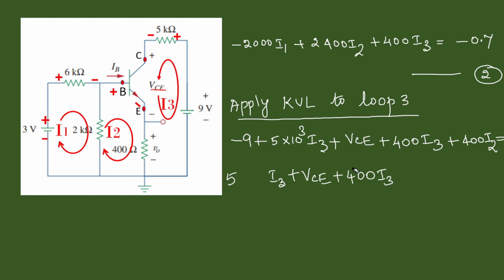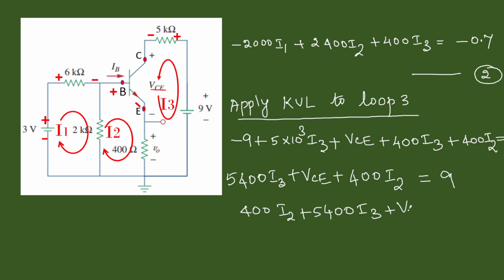So I'll make it a single term, 5400 I3 plus VCE plus 400 I2 is also available, that is equal to 9. If I rearrange it, it is 400 I2 plus 5400 I3 plus VCE, that is equal to 9. Okay, so we got the third equation also.